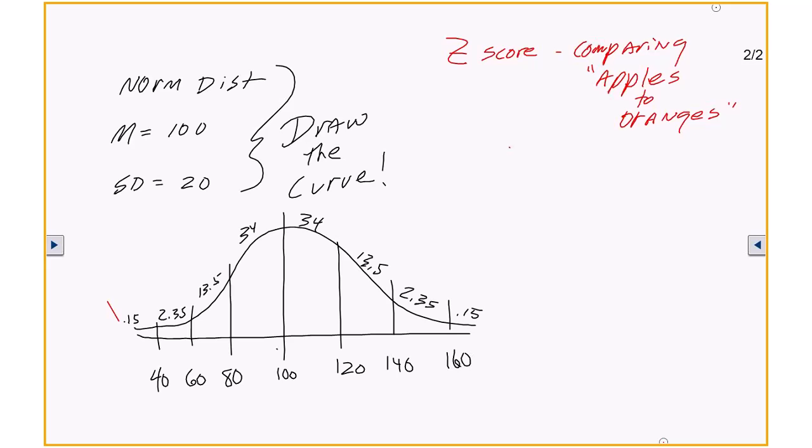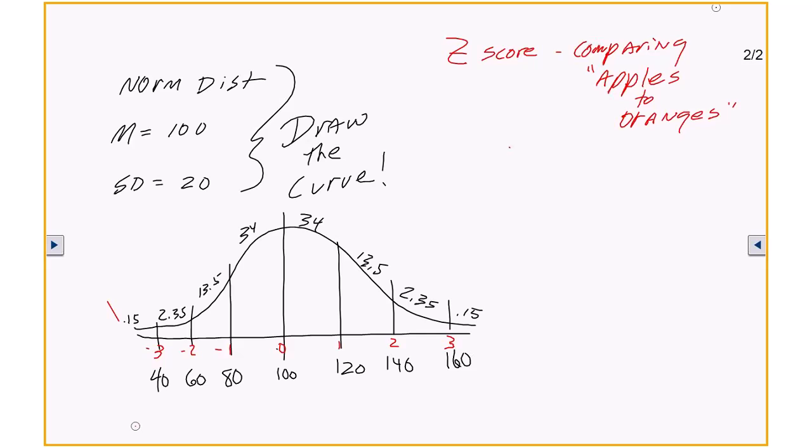It's also called a standardized score. Write that down. Some people call it a standardized score, but I'm going to call it a Z-score. But if you see standardized score in your homework, it means Z-score. And the Z-scores I'm going to put are always like this: 0, 1, 2, 3, -1, -2, -3.